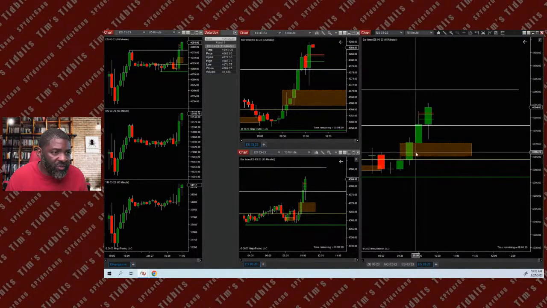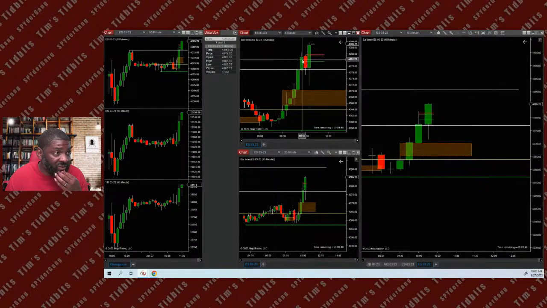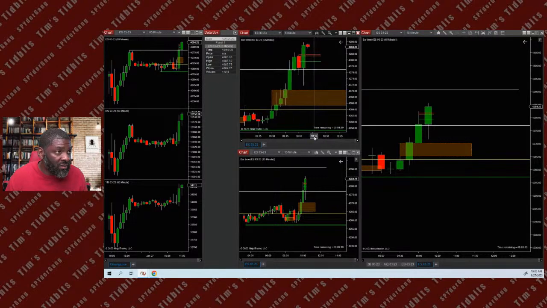It's looking like it's trying to use this as a breakaway gap. It came down to this 5-minute fair value gap that was not on my radar because I was watching the 15-minute. And then when I said it's going to leave like a dirty dog, it did. And now it's made this order block.